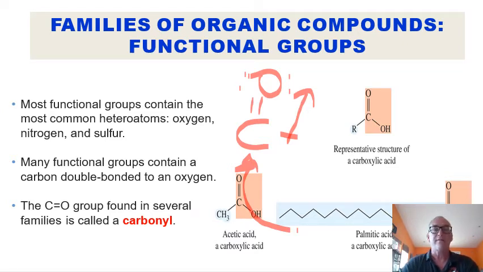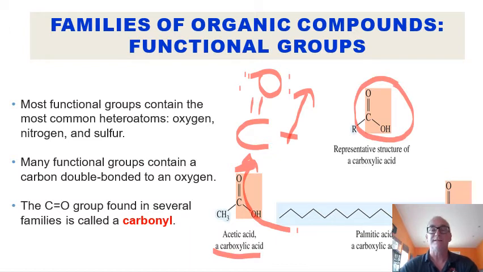So one of the functional groups that has this carbonyl in it that we've seen before is acetic acid. That's what we call a carboxylic acid. And the carboxylic acid group is this right here.